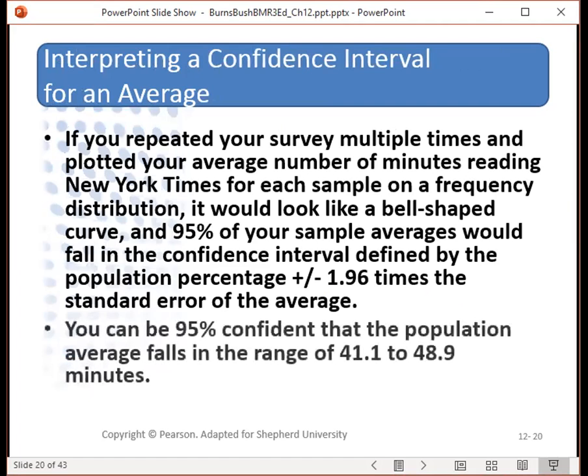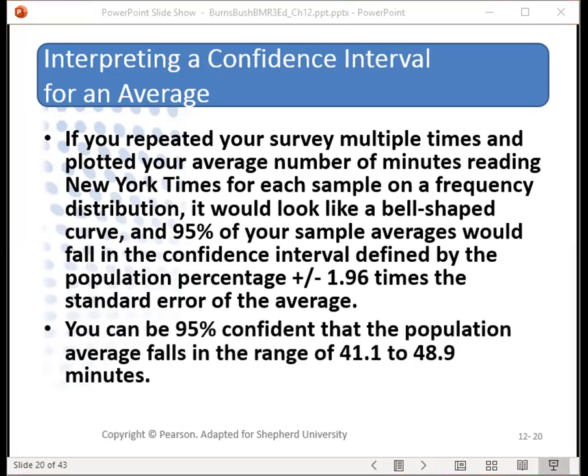So what this means again is if we repeated our survey over and over and over again, and we took the average time for this, again, New York Times survey, we'd get a slightly different average each time, but it would be between 41 and 49, 95% of the time.